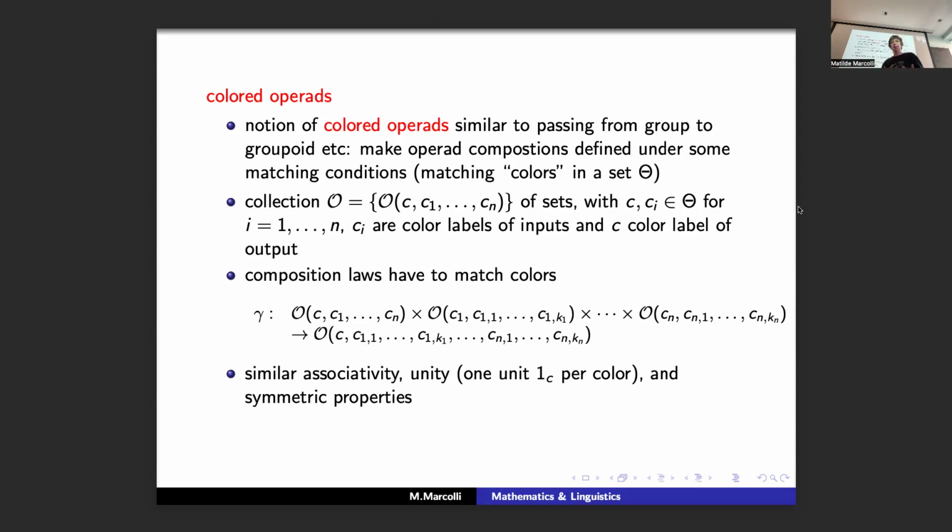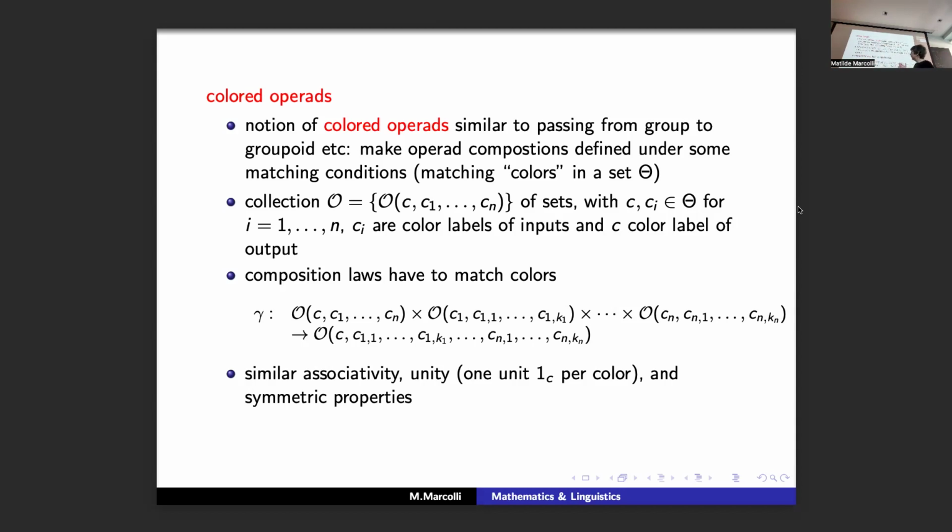So in the case of an operad, your legs are now colored. Instead of having an operation O_n, which is just an n-inputs, one-output operation, you have an operation that has an output with color C and inputs with colors C1 through Cn.